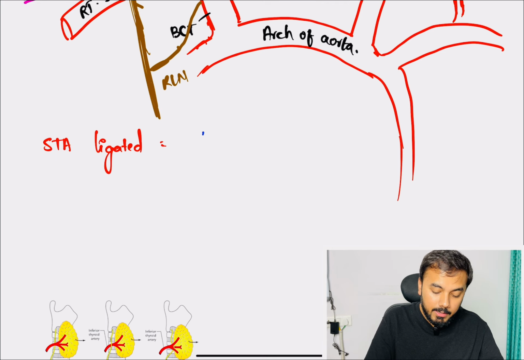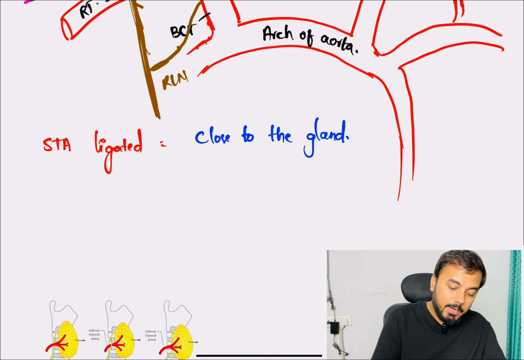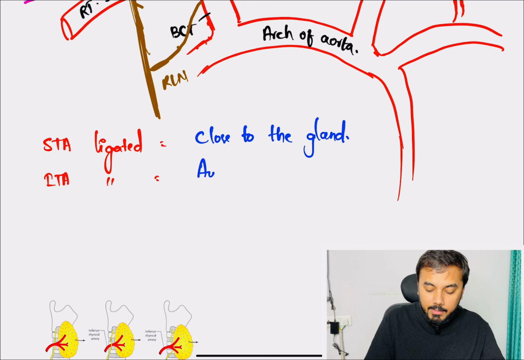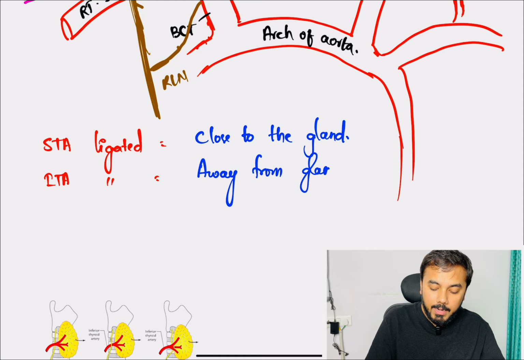It must be ligated close to the gland. But when it comes to the inferior thyroid artery, where should this be ligated? It should be ligated away from the gland.